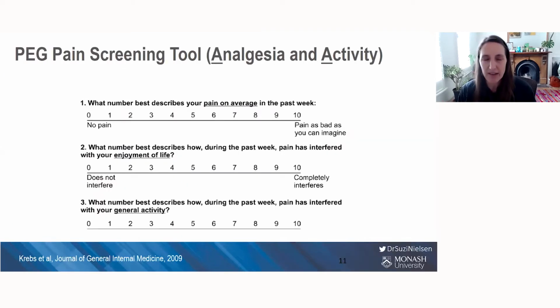So this is the PEG, 3 items that assess in the past week how bad somebody's pain was on average over the past week, but also importantly, how pain is interfering with both enjoyment of life and general activity. And I think that the second 2 questions are probably the more important questions when we're talking about how somebody's able to function and whether or not they're getting benefit from whatever analgesic approaches they're taking.